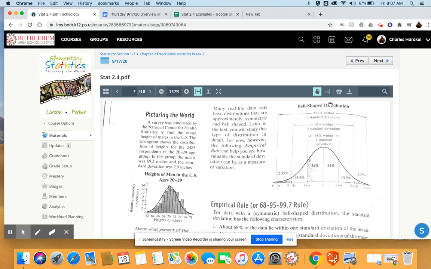Now, there's another 0.3% that's left over that we haven't talked about. Remember that your distribution is symmetric. So if we split that in half evenly, there's 0.15% left over up here and 0.15% that still exists outside 3 standard deviations below.